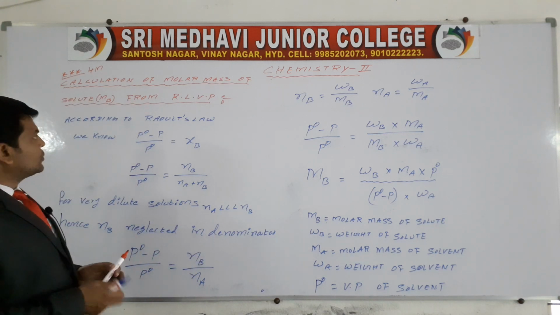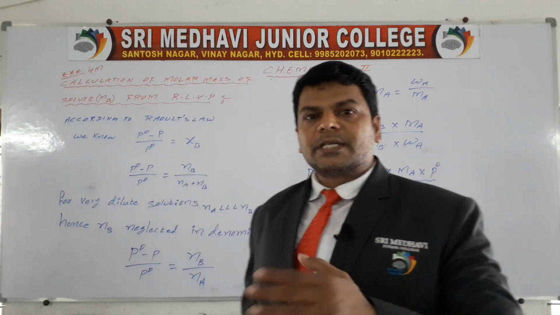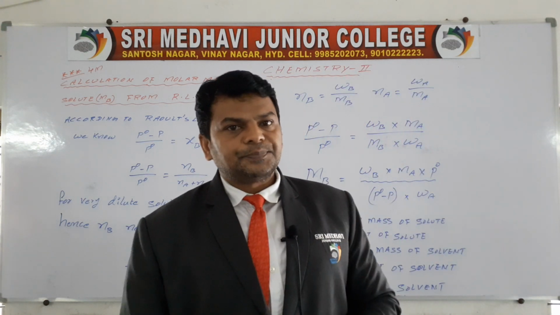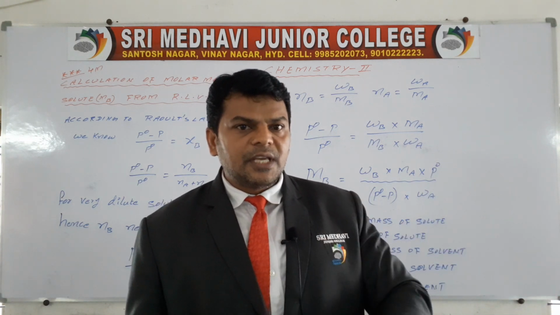Once again you have to know what is the relative lowering of vapor pressure. Relative lowering of vapor pressure means it is the ratio of lowering of vapor pressure and the vapor pressure of the pure solvent.